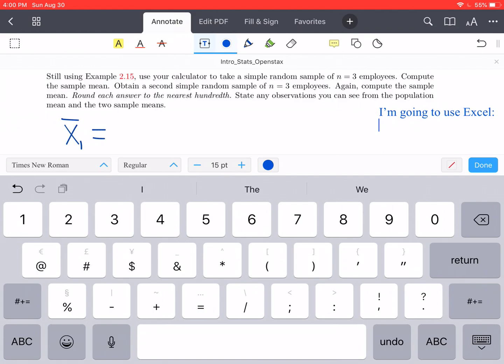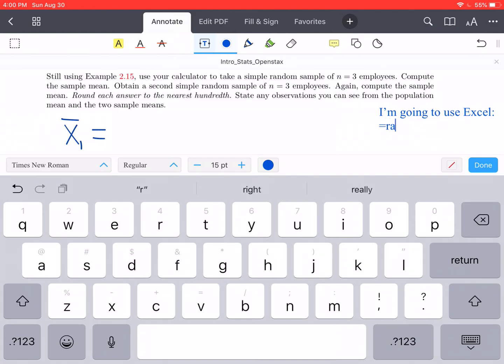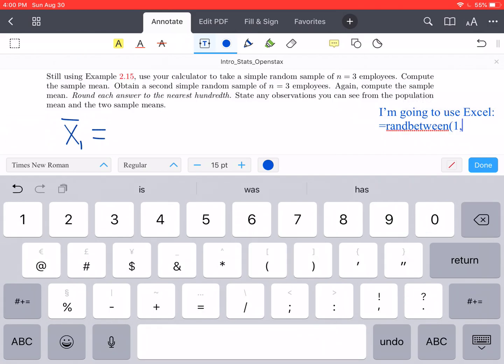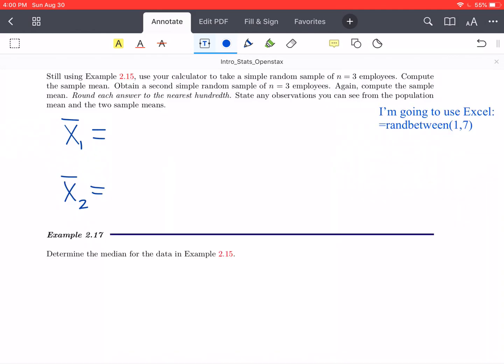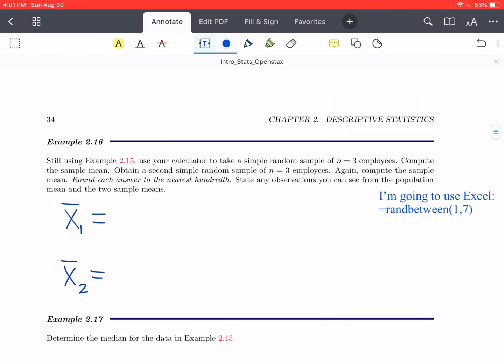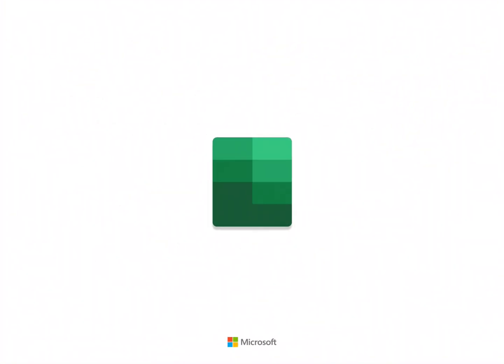So equals RANDBETWEEN. That's a random number between 2 values, and I want between 1 and 7. I'm going to go ahead and actually do that, so I'm going to pull up Excel here.